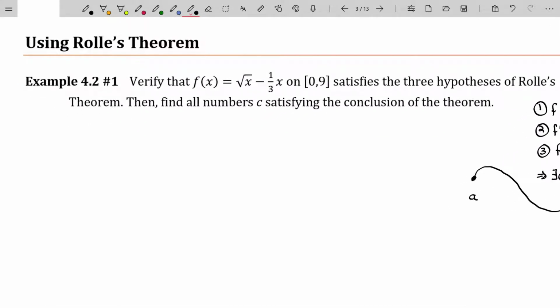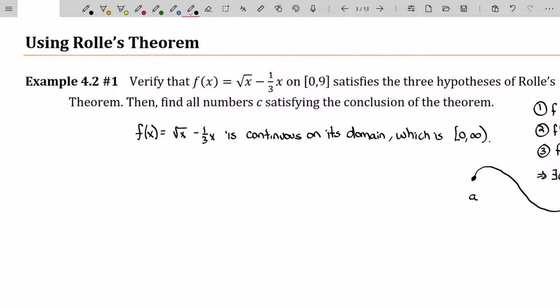Now, continuity. This is kind of an easy one. A lot of students get thrown off by this style of question, but really all I need to state is that our function is continuous on its domain. Remember, way back when we were dealing with limits, we dealt with continuity of functions, and I called it the generalized direct substitution property.